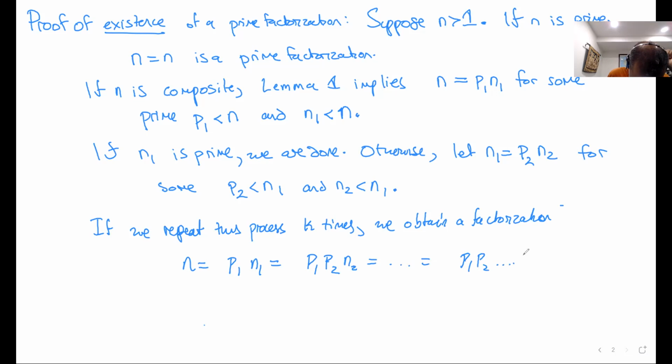If you do it once, you get p1 n1. So if you do it k times, you get p1 through pk nk.